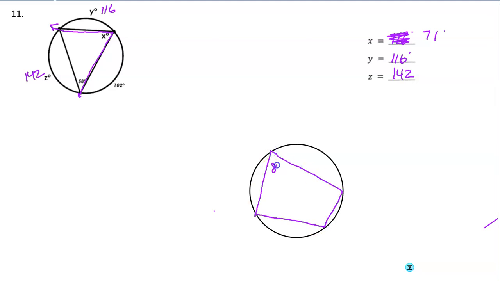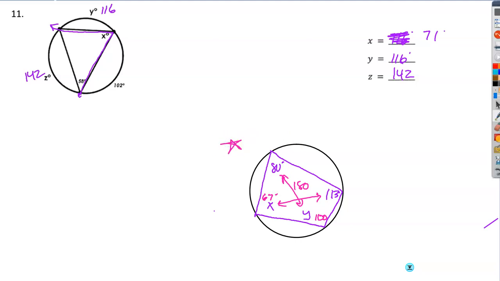And this is like 80, and maybe this is 113, right? Remember, and I did X and Y. This is the one where we said if your quadrilateral is inscribed, then opposite angles add up to 180. So 80 plus Y would be 100 then, and then X and 113 would give me 67. So don't forget that. That will be on the quiz tomorrow.